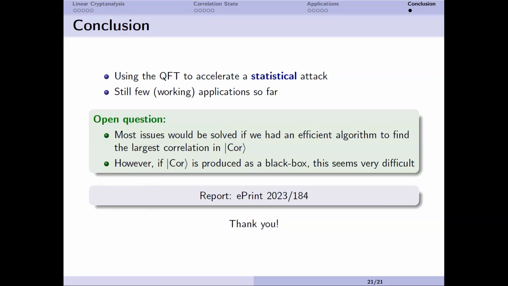What I would like: if it's produced in a black box, it seems very difficult, but it's not produced in a black box because we produce it. So perhaps somehow you can open up the black box again and try to do something that allows you to solve this problem. But I don't know.